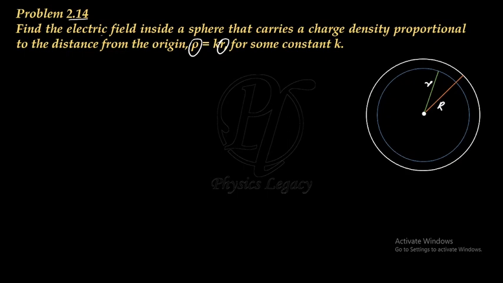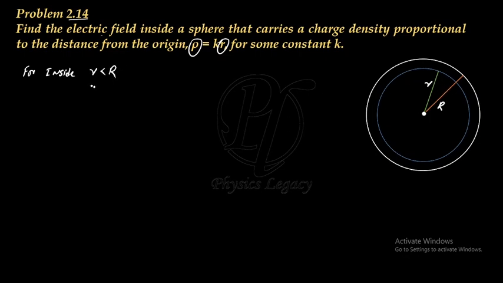Here concentric means two or more spheres that have the same center are called concentric spheres. As from the figure, it is clear that for inside, small r is less than capital R.